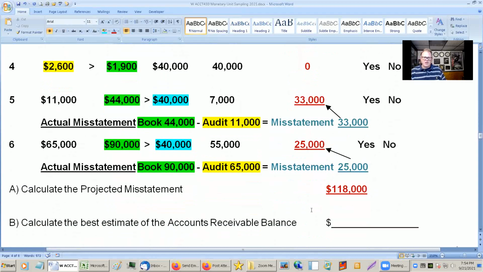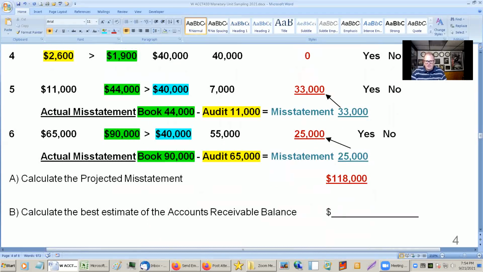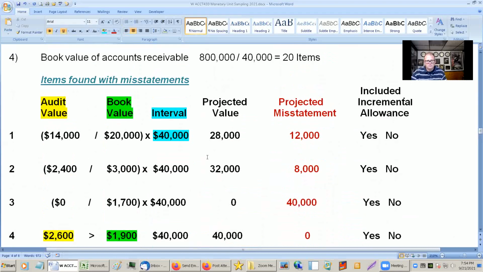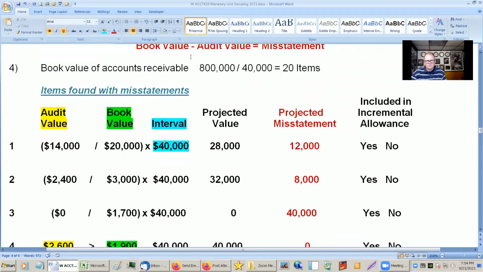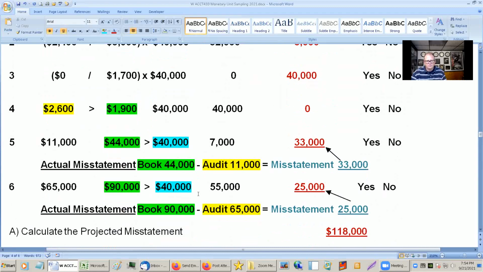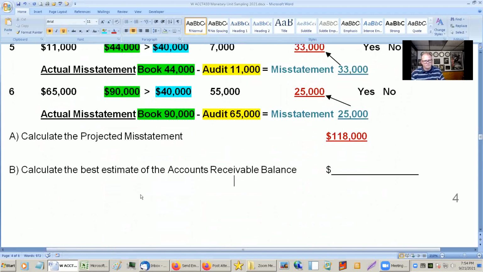Okay, so the calculated estimate for the accounts receivable would be 800,000 minus. I can't see where I'm at.